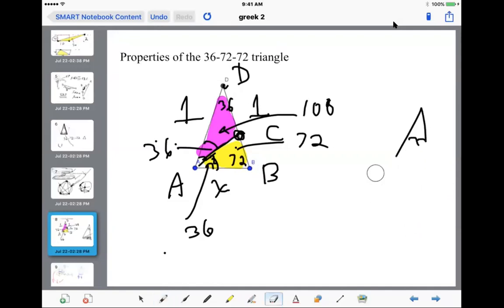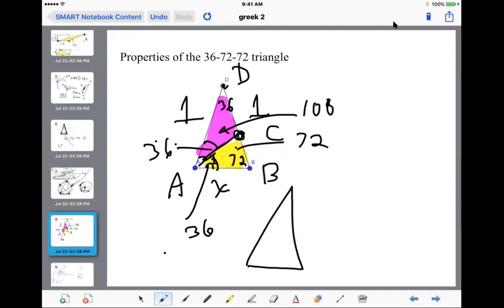That's a special property that's only true of the 36, 72, 72 triangle: when you bisect the angle, it splits it up into two triangles, and one of those triangles is similar to the original. I'm actually going to draw those triangles, the original one, the big one, and the yellow one side by side, because it's confusing when one's inside of the other one.